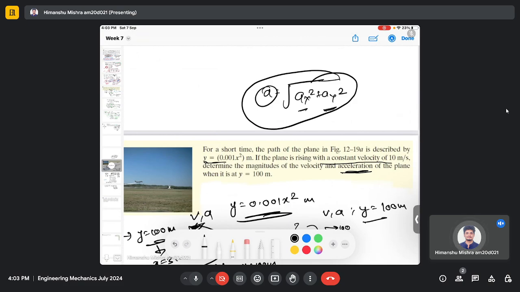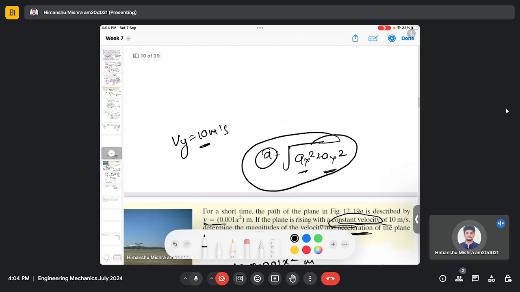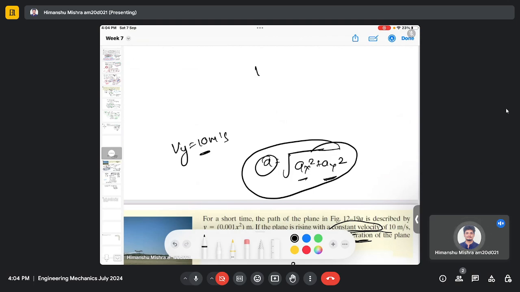The important thing given in the question is the constant velocity at which the plane is rising, which means Vy is constant and it is 10 meter per second. And we defined Vy as rate of change of y in time, and Vx as rate of change of x in time.